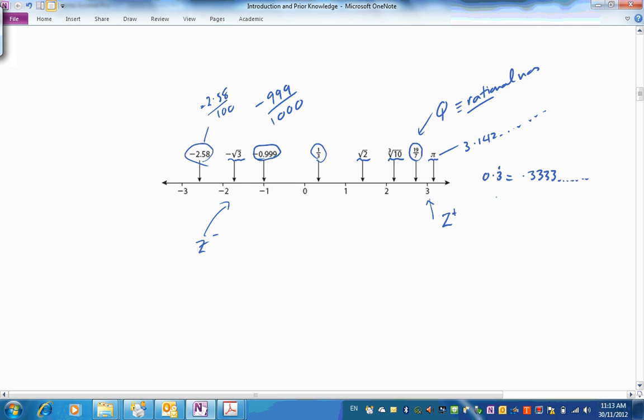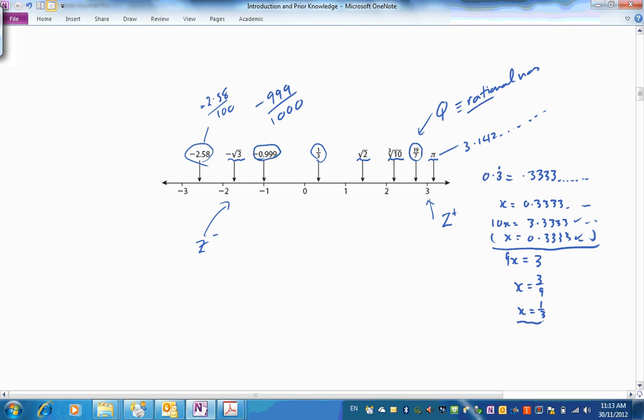But if you think of, let's call it x is 0.3333, etc., then 10x is equal to 3.333 recurring, and if we took the x away from the 10x, we would have 9x equals 3, or x is 3 over 9, or a third.